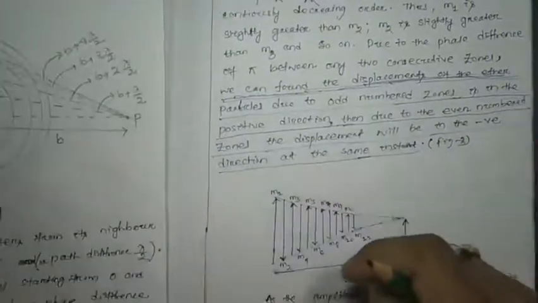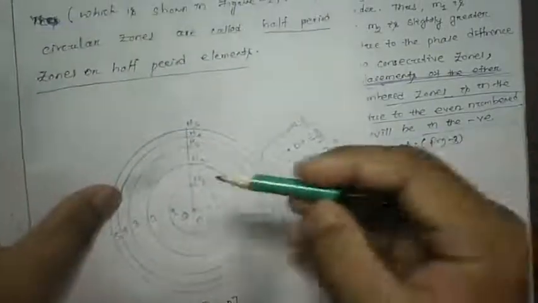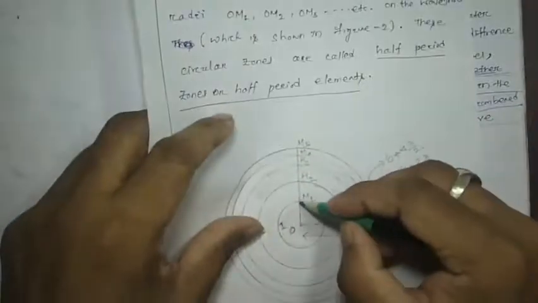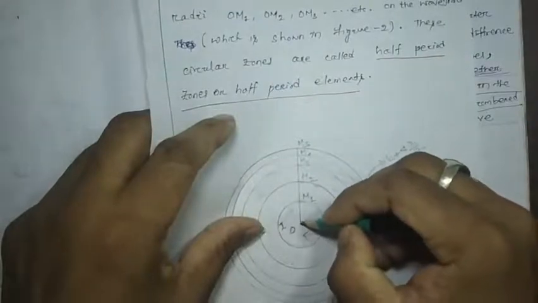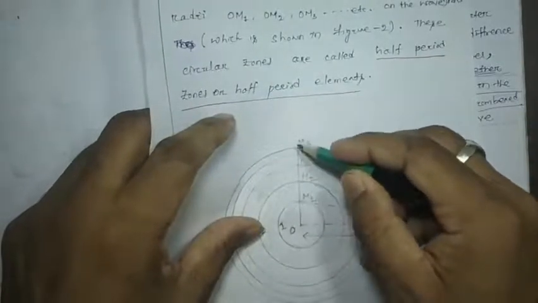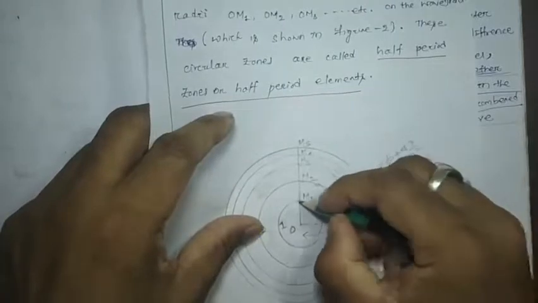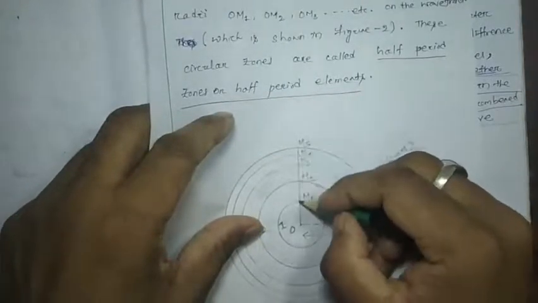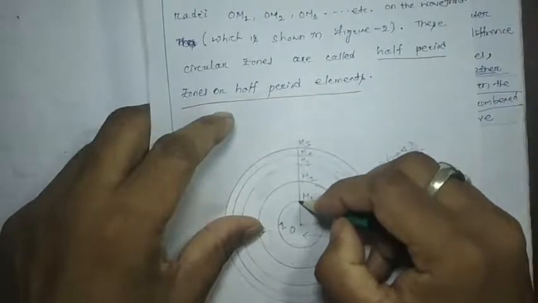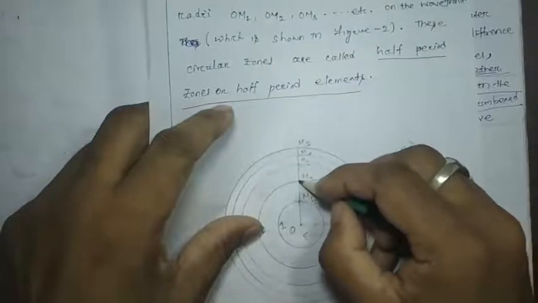Another thing we have considered here is that as we move from the origin outward, the obliquity factor increases and the intensity gradually decreases.